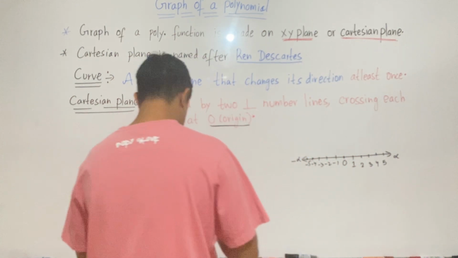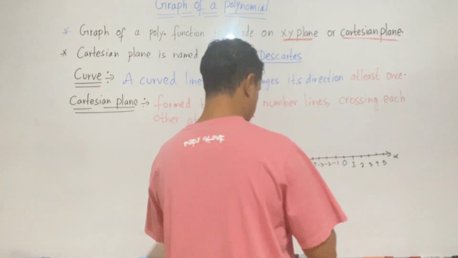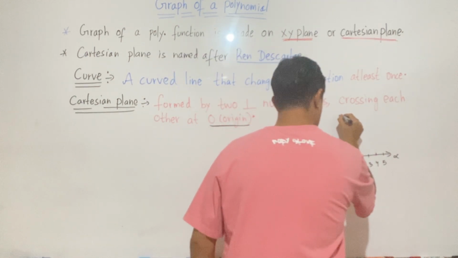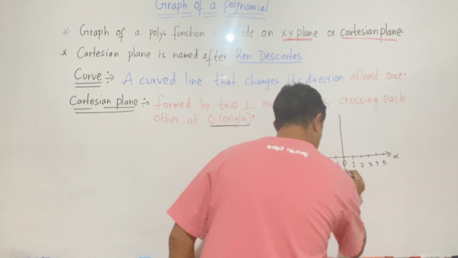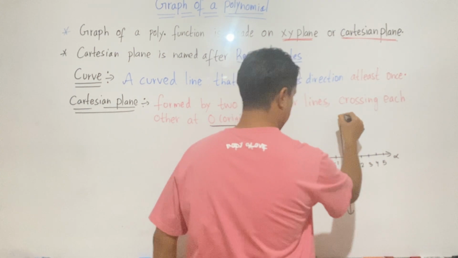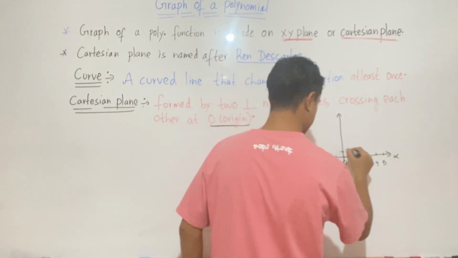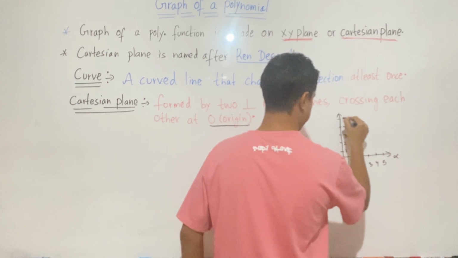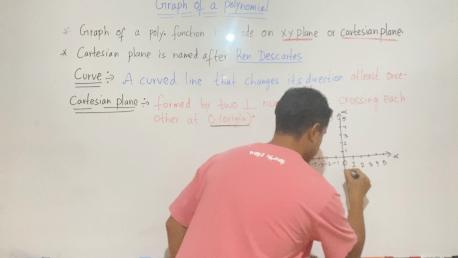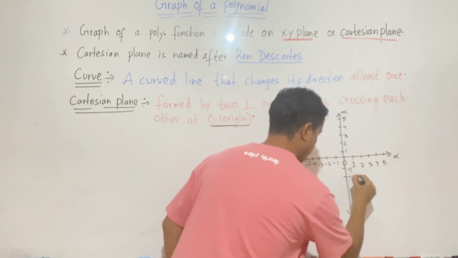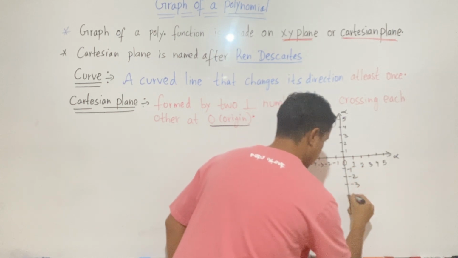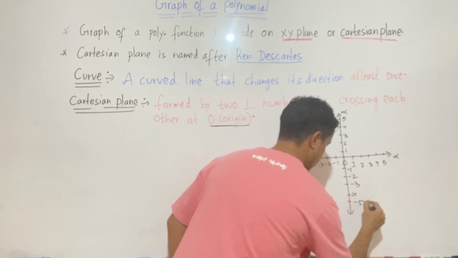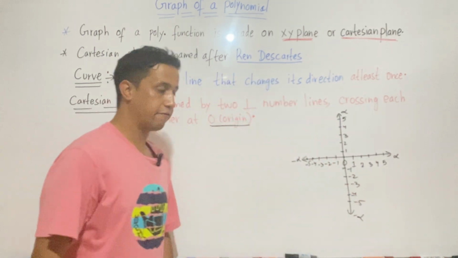Then I have the vertical one: 1, 2, 3, 4, 5, and so on up to infinity, and minus 1, minus 2, minus 3, minus 4, minus 5, and so on up to minus infinity.